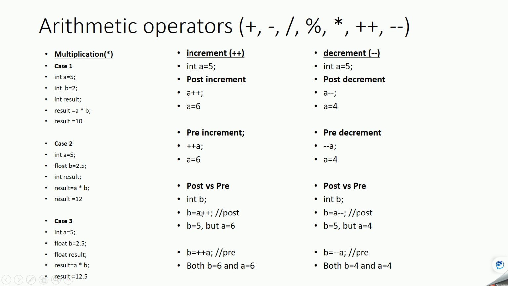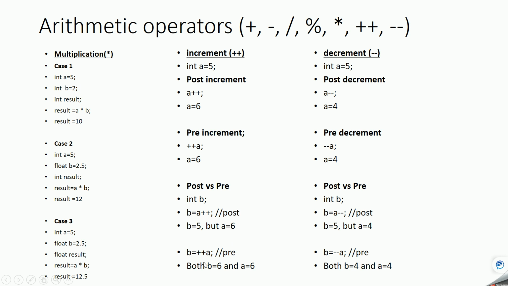This a will get assigned to b first, and then a plus plus will happen. So b will have 5 and a will have 6. Post increment means first assign the value and then increment. That is how b gets 5 and then a is incremented by 1.